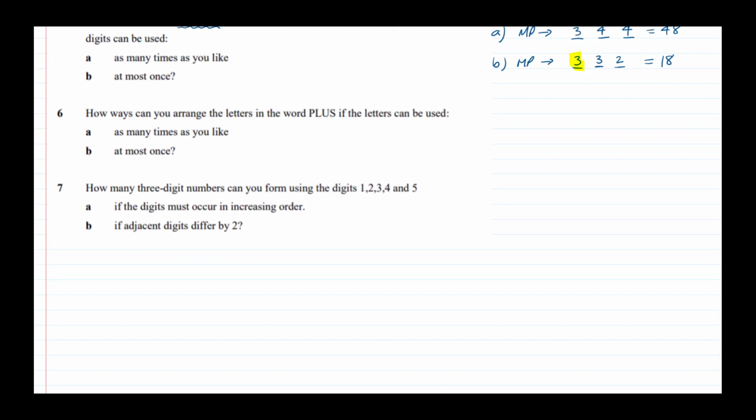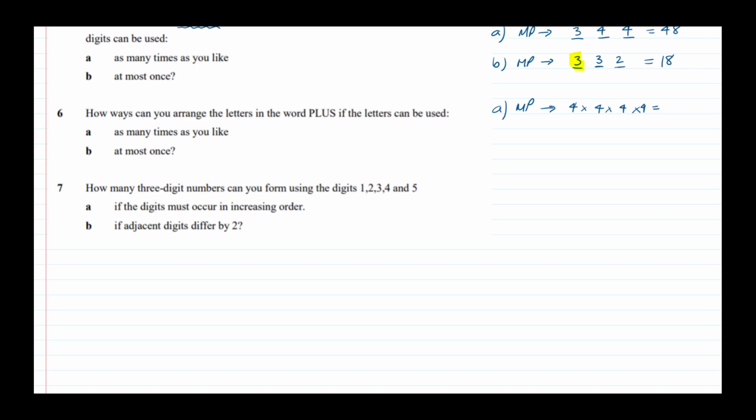Question 6. How many ways can you arrange the letters in the word PLUS if the letters can be used as many times as you like and at most once? So it's quite similar to question 5 and still a multiplicative principle question. So we use MP and we have 4 times 4 times 4 times 4.